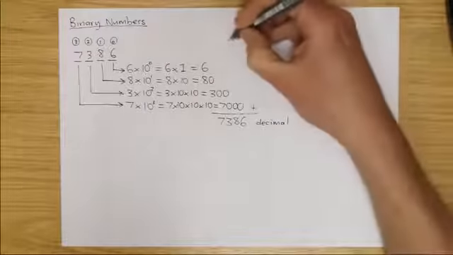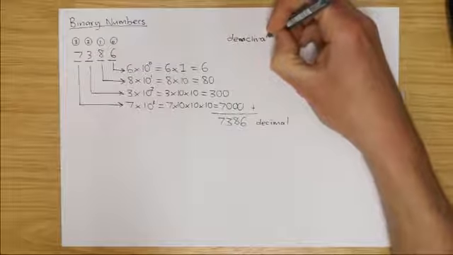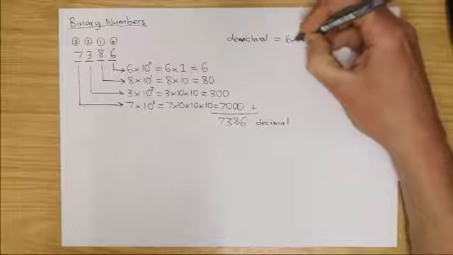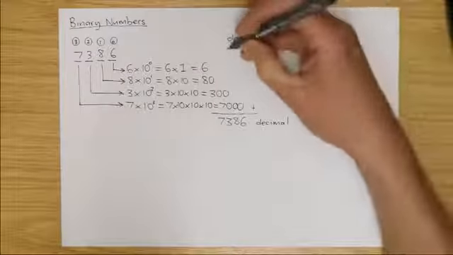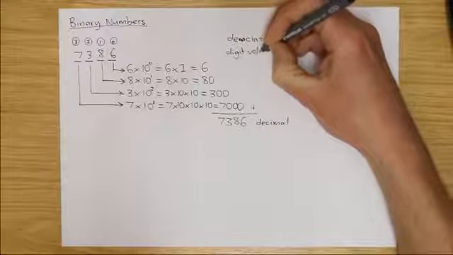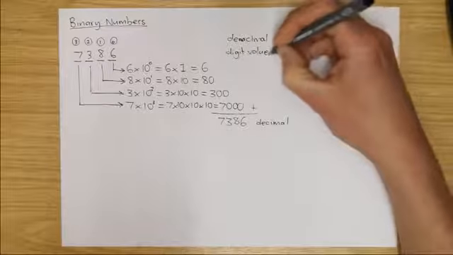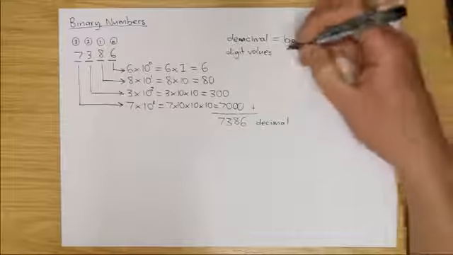Now we often refer to the decimal number system as base 10, and that means a couple of different things, but primarily what it means is that the values that we have available to us for each of the digits in the number come from a list of 10 possibilities.